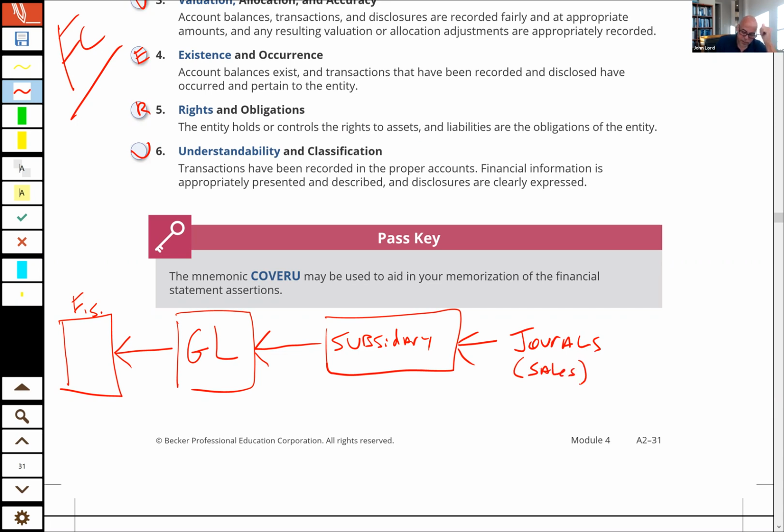And then supporting the journals, we have various records. For example, supporting the sales journal, we'll have what? Documents. Anyone want to think of a document that might support the sales journal? Invoices? Good, excellent. Sales invoices.